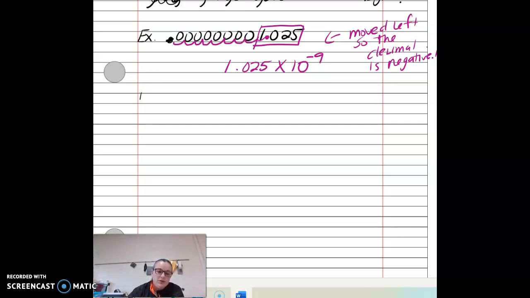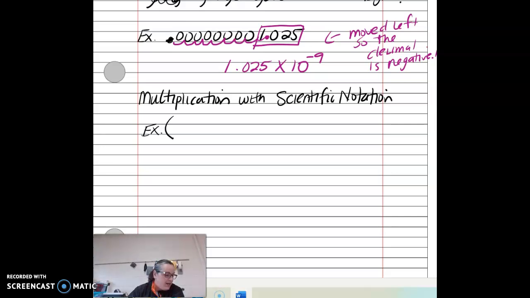And we can also do some multiplication. All right, so let's say, for example, if I wanted to multiply 3.5 times 10 to the negative 3rd power times 7 times 10 to the 5th power.